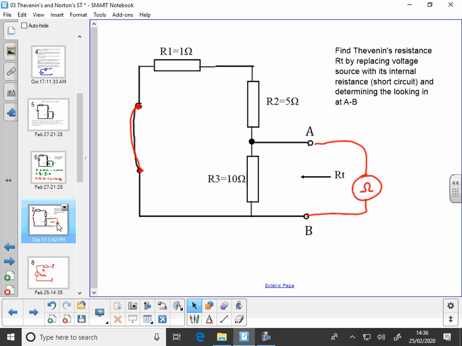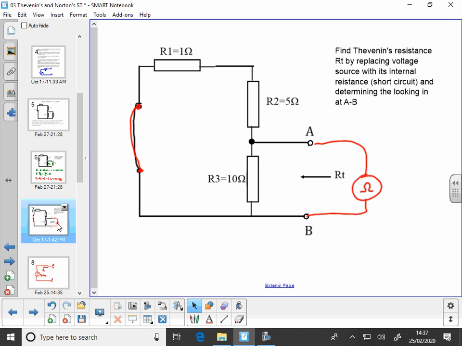So how do I calculate the total resistance of that circuit? We've got no voltage, we've got no current. How is it connected?